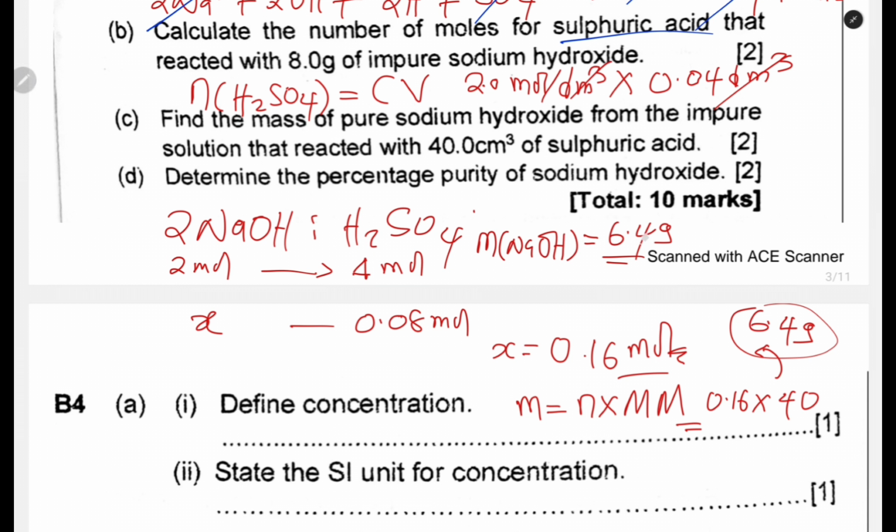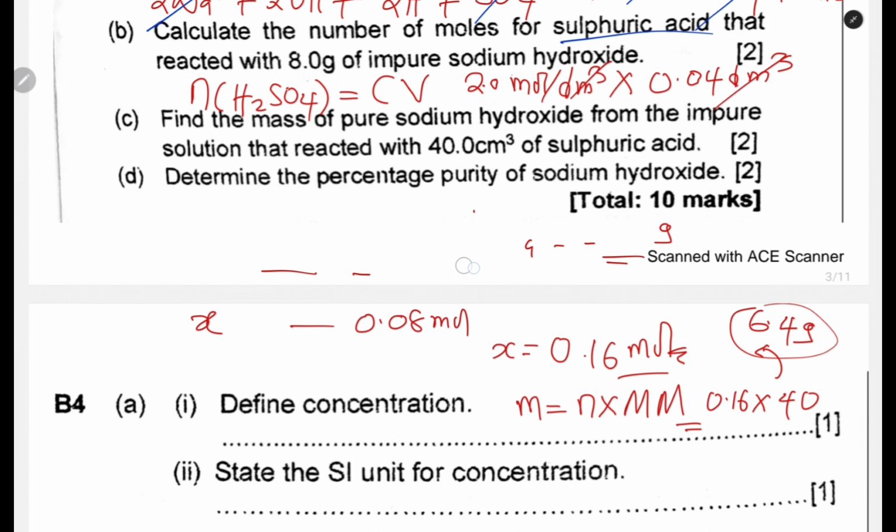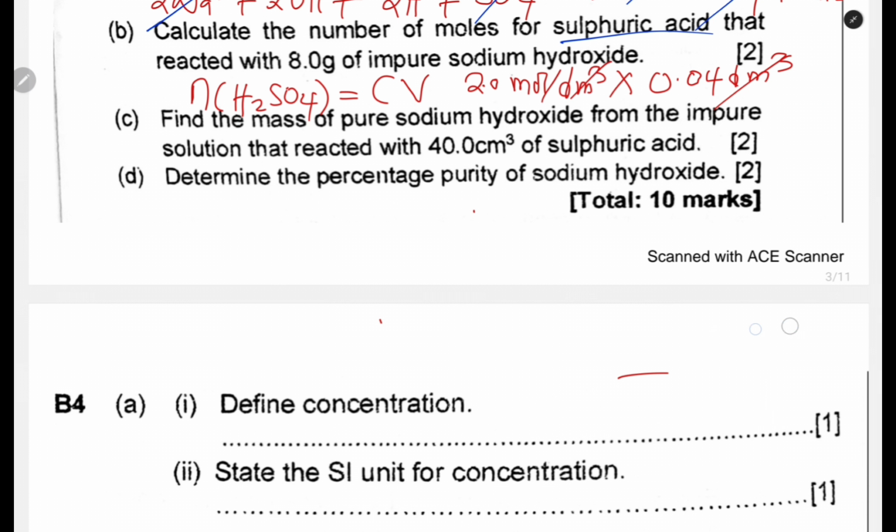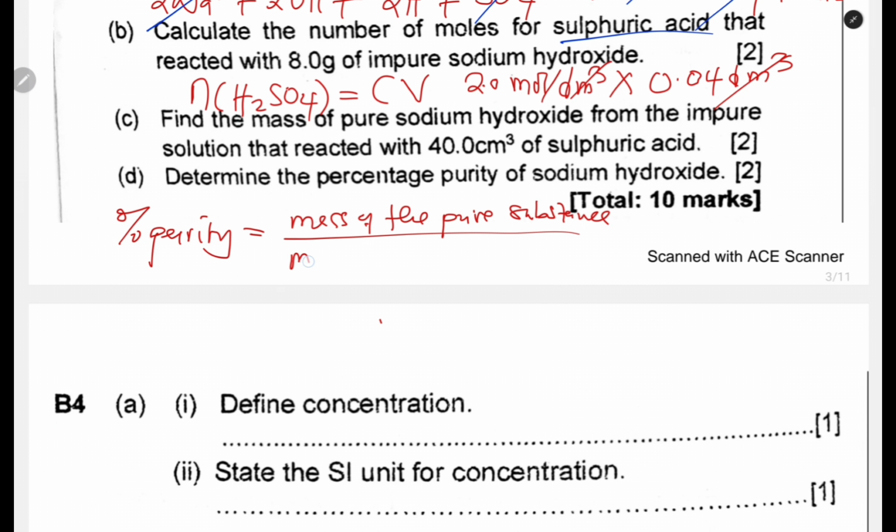Then the last question here, that is question D. Determine the percentage purity of sodium hydroxide. Percentage purity is equal to the mass of the pure substance, or mass of the pure sodium hydroxide, divided by the mass of the mixture, which means impure, multiplied by 100.